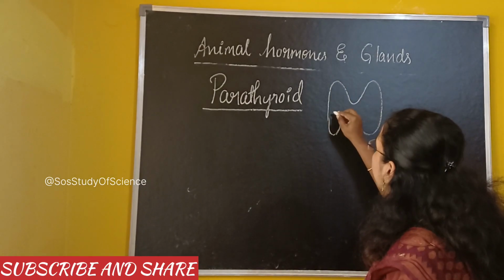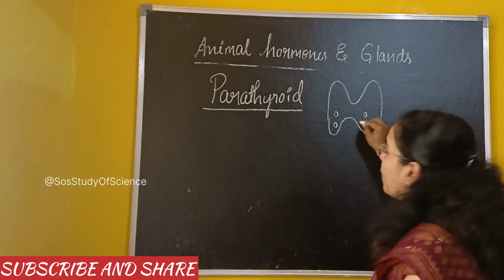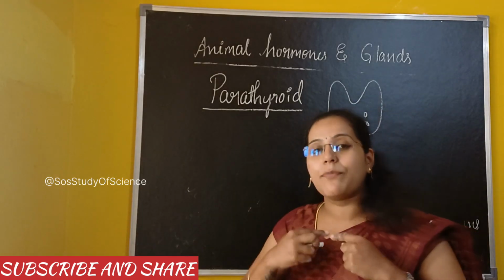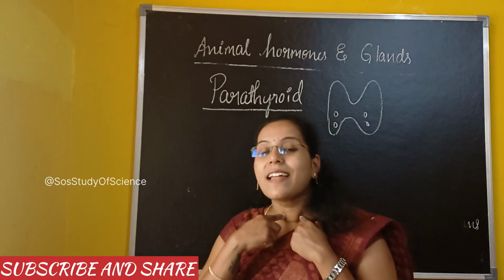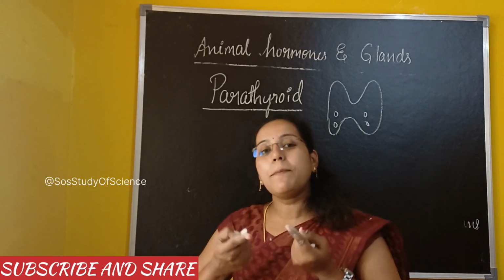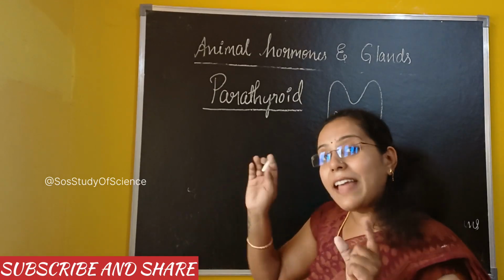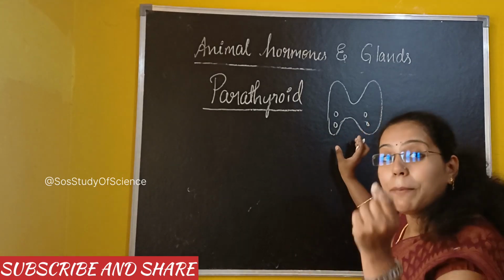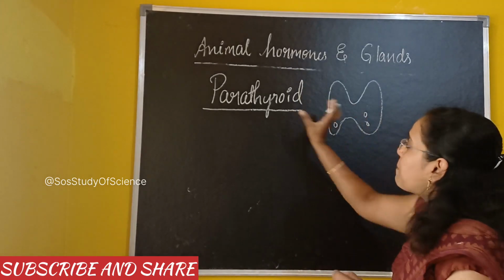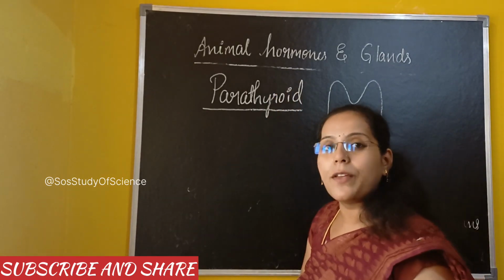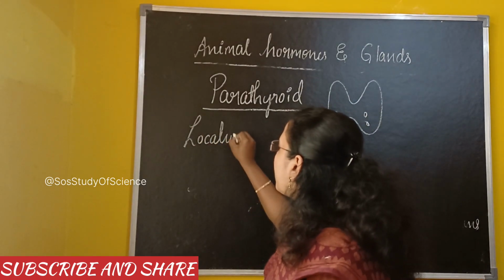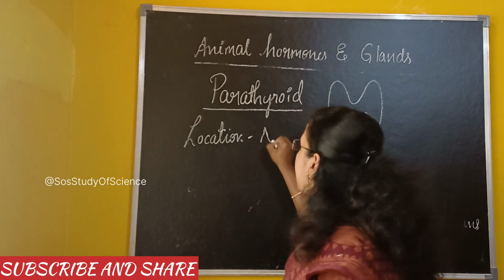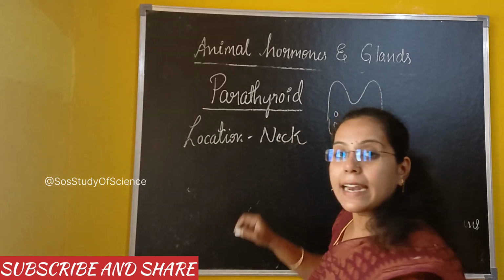So below the thyroid gland, beneath, that means behind. The location is the neck only, but behind and below the region of the thyroid gland, this parathyroid gland is present. So obviously the location you can write as neck. Clear, right?